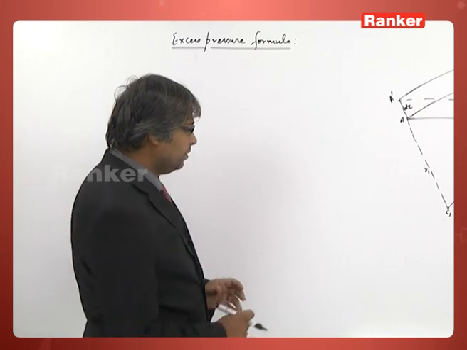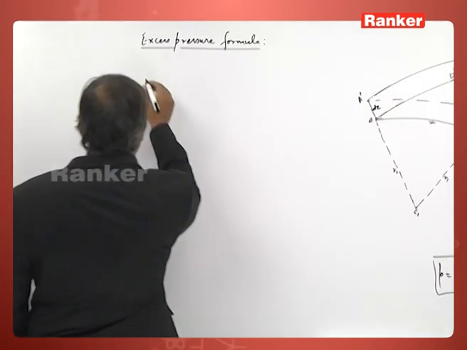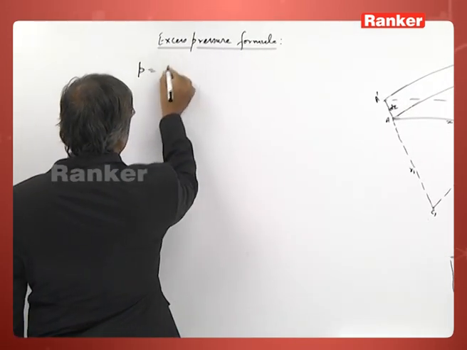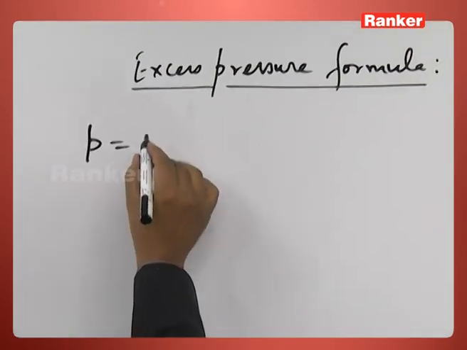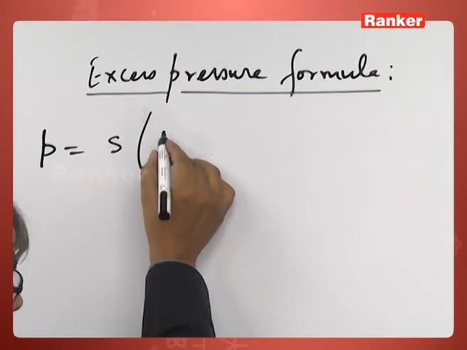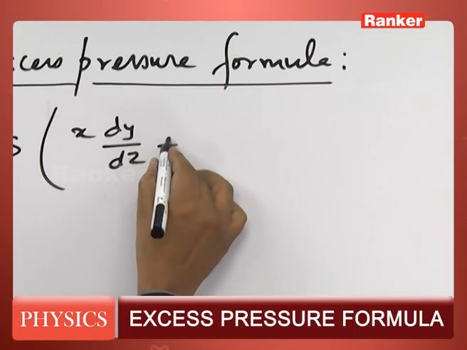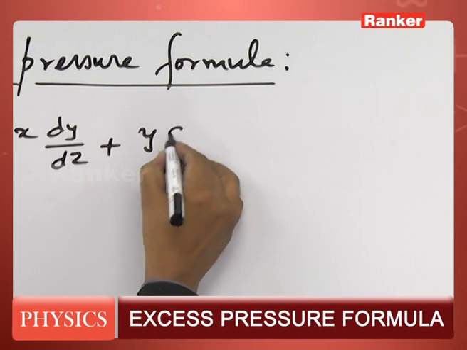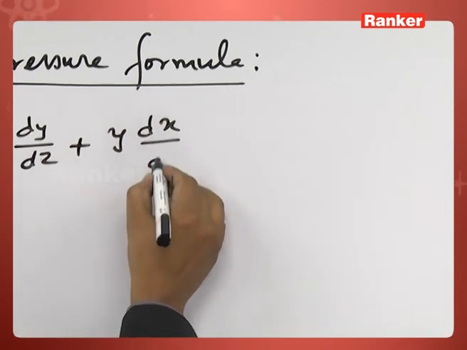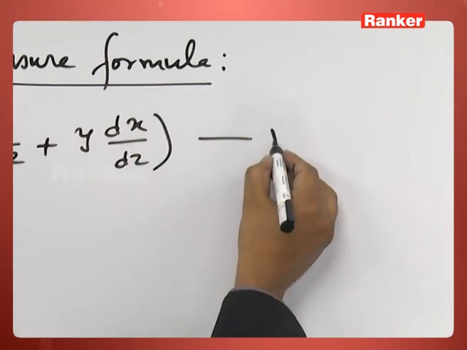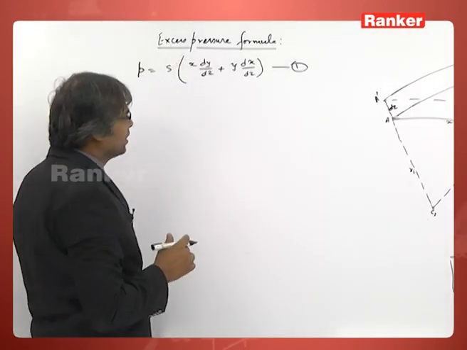So, now we have my formula for excess pressure, which we have to calculate: S times (x dy by dz plus y dx by dz). Let us write this as 1.